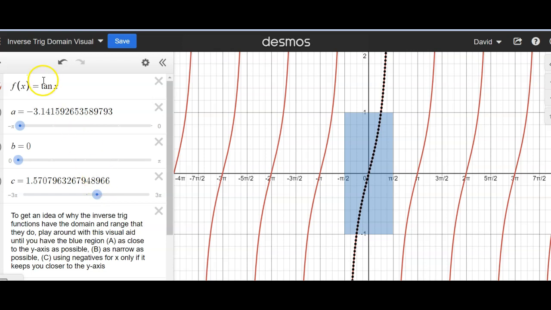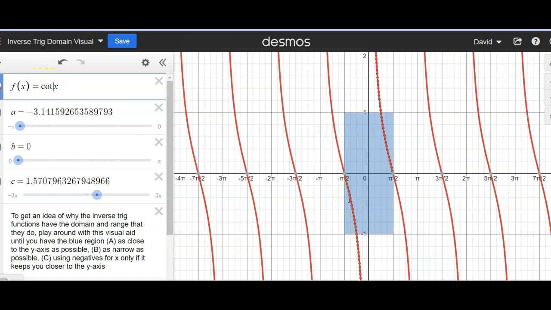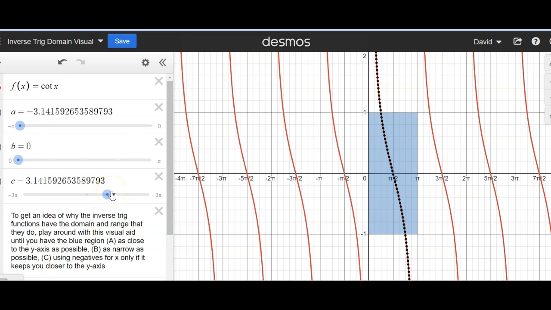But when I switch to cotangent, you can see that it's broken apart. I do have the 0 down to negative infinity, I have the infinity, but I'm crossing over a vertical asymptote. So to avoid that, I'm just going to slide over to 0 to pi, and now I don't have to worry about a vertical asymptote being in the middle of the region I defined.